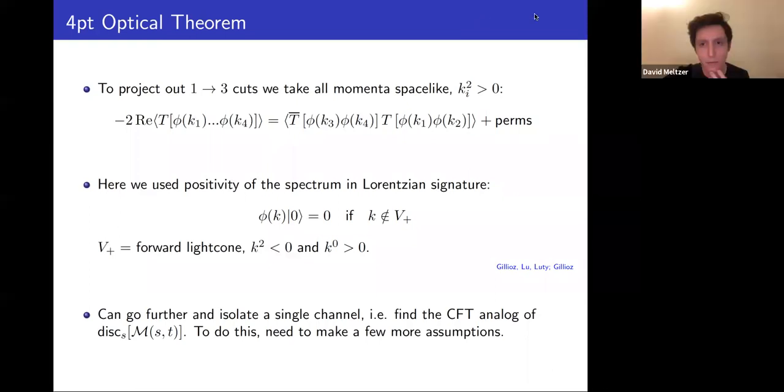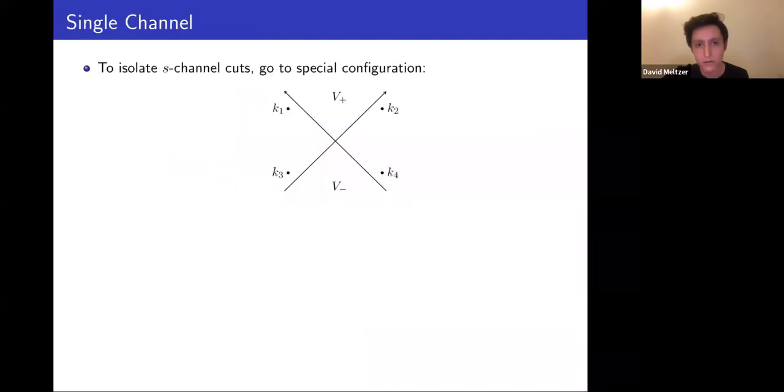So I want to push this analogy further and get something like the S channel discontinuity. What I'll do is go to a special configuration where all four momenta are space-like, but the sum K1 plus K2 is in the forward light cone, while the other sums, like K1 plus K3 and K1 plus K4, are all space-like. In this way, I'm only putting the S channel on shell.